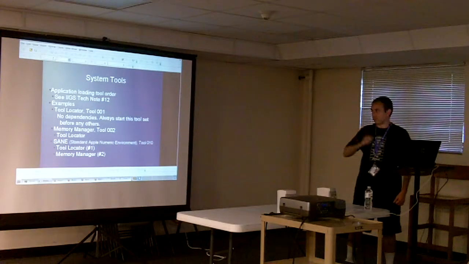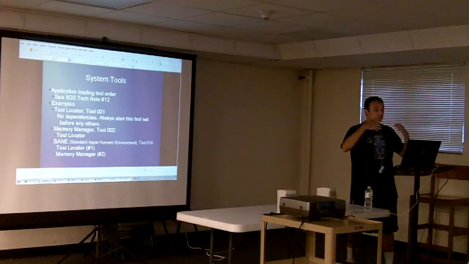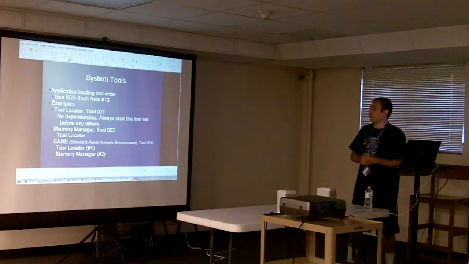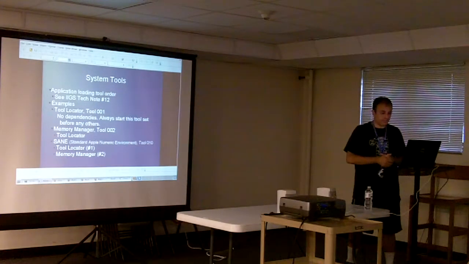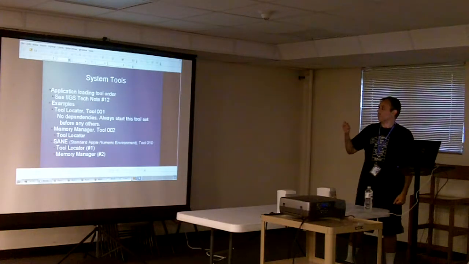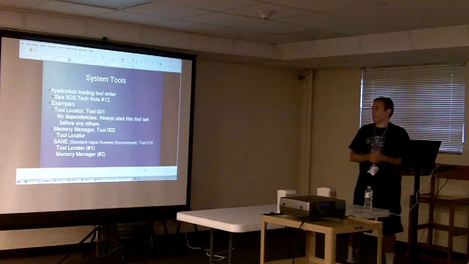The tool locator has no dependencies, and you need to start this tool first. It has a tool call to load all the other tools, or load tools, and basic toolset management. If you're going to be loading tools, that's the first tool you have to call.